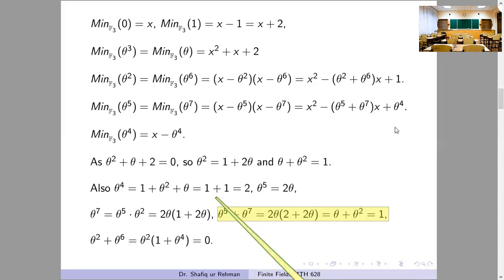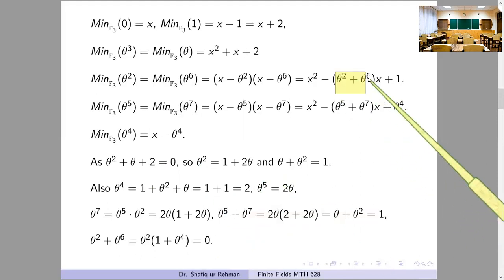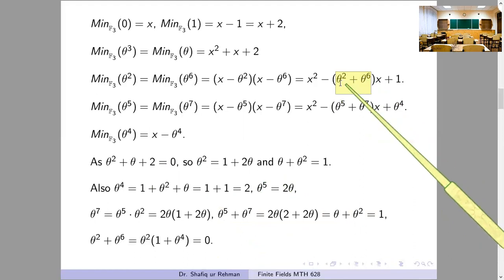But now the next problem is to find the value of theta square plus theta power 6. So we write theta square plus theta 6. We take theta square common, and after that we get 1 plus theta power 4.